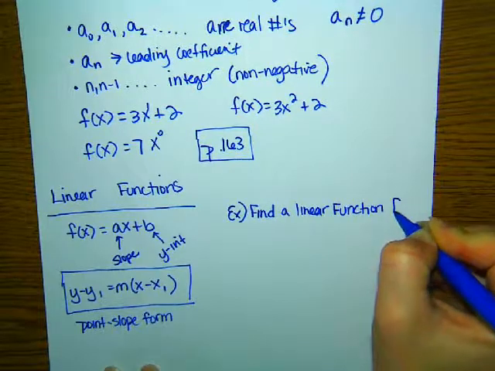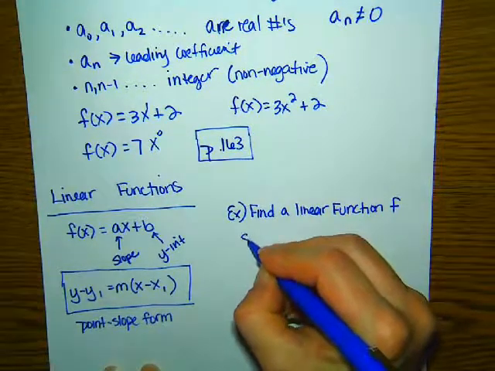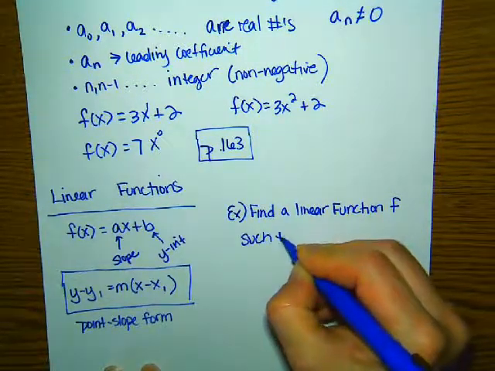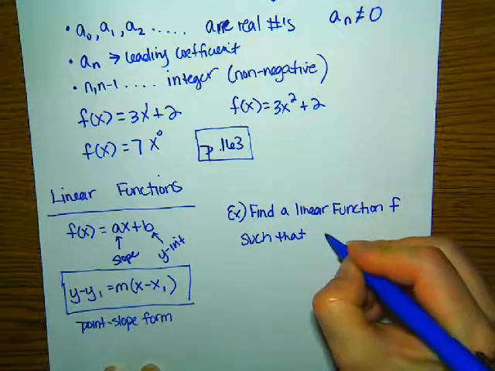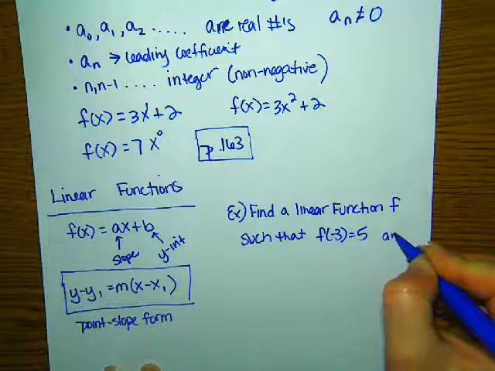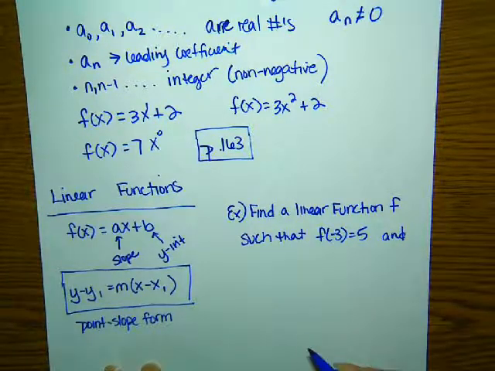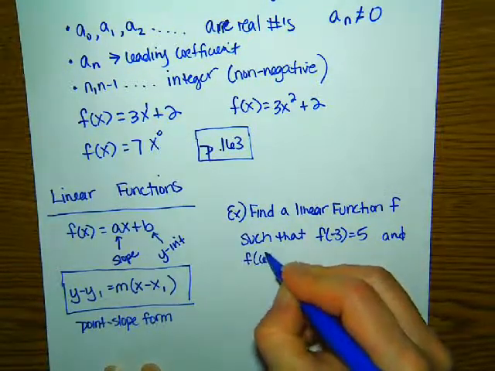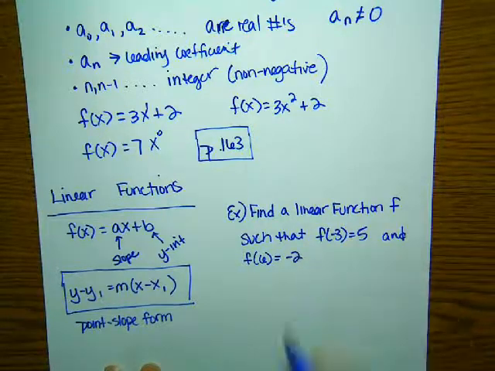Find a linear function f such that f of negative 3 equals 5 and f of 6 equals negative 2.